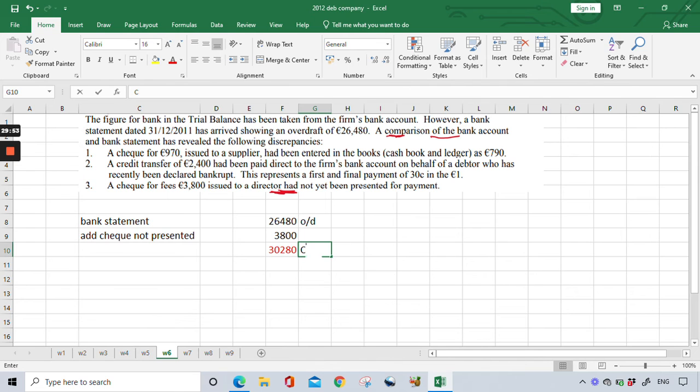It's going to be a current liability in the balance sheet because it's a bank overdraft. So that's the first thing I always do. And that's going to be my bank overdraft number, 30,280. Now I'm going to do a bank reconciliation to make sure I can get that to match up and also to fix the other things. So over here, I'm going to get a few T accounts.